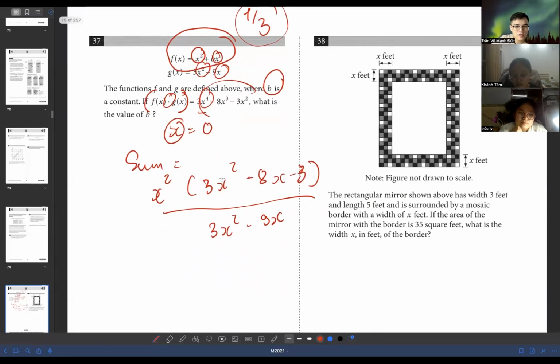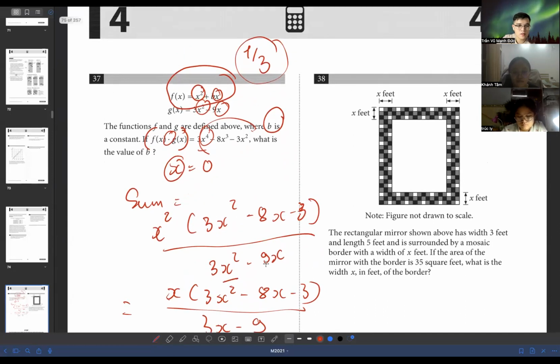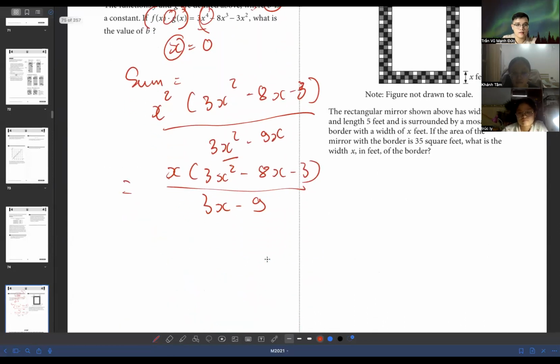So you can see that these share the same x. So I'm going to divide them by x. x times 3x squared minus 8x minus 3 divided by 3x minus 9.